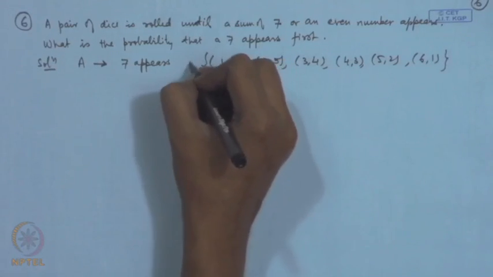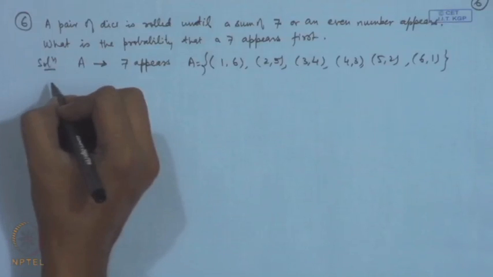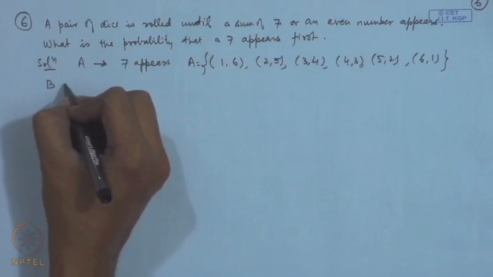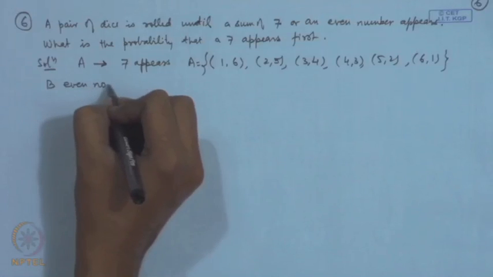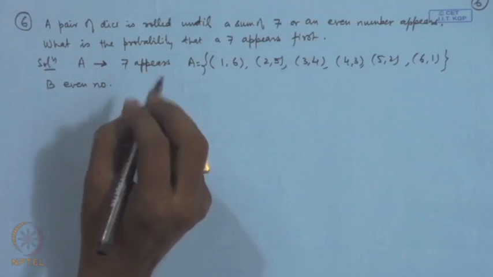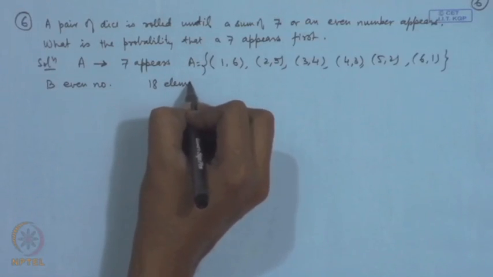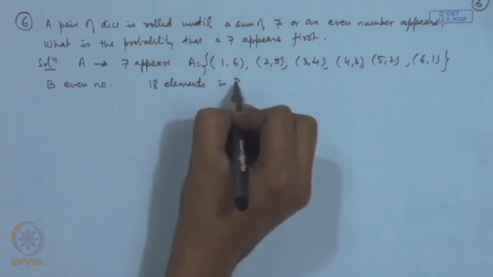So, these are the possibilities for A, and B is the event, let us say, that an even number appears. Now, even number means the sum is even: 1 1, 1 3. So, if you have the first one as 1, there are 3 possibilities. If you have the first one as 2, again there are 3 possibilities like 2 2, 2 4, 2 6 and so on. So, there are 18 elements in B.